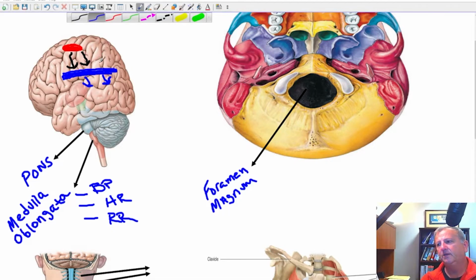Edema, fluid. We have fluid coming around the brain here. So where's it going to go? Because this is an enclosed capsule. Well, remember the foramen magnum, this large hole here. But what ends up happening is the brain actually starts herniating, and it will start pushing out of the foramen magnum.